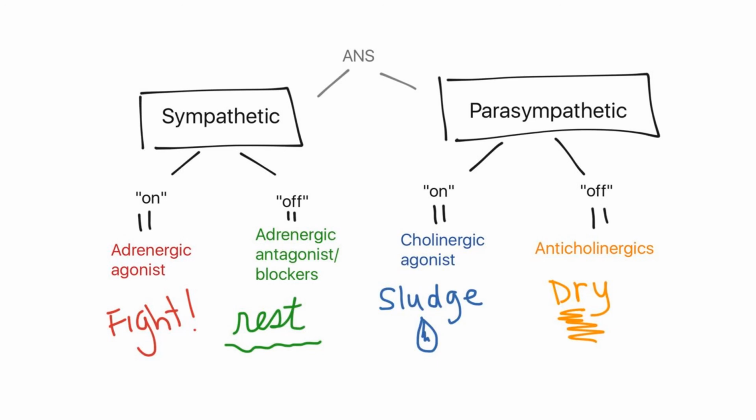What about the parasympathetic system? Okay, cholinergic agonist. So something like neostigmine, physostigmine is increasing acetylcholine, right? And you're going to get cholinergic symptoms. So know all your cholinergic symptoms and side effects. And then anticholinergic, right? So you're turning off the parasympathetic. So you're going to have dry eyes, dry mouth.